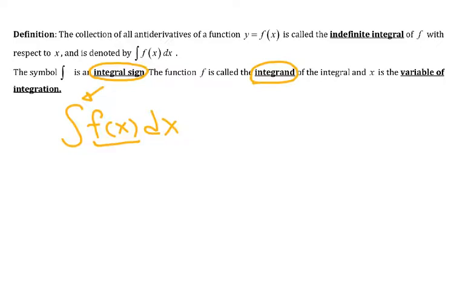And dx is the variable of integration. Now that for us won't be complicated. We're only dealing with one variable, but when you get to calculus 3, you have functions of 2 variables. So you sometimes want to know which one you are integrating with respect to.